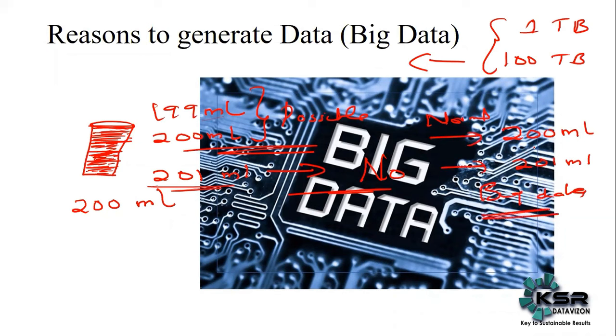That can happen, a difference of just 1 ml, because the way I define big data is something which you cannot fit in your traditional storage system. That traditional storage system is a glass, which has a capacity of 200 ml.